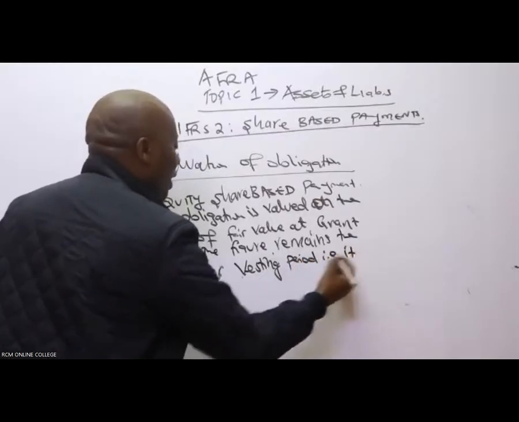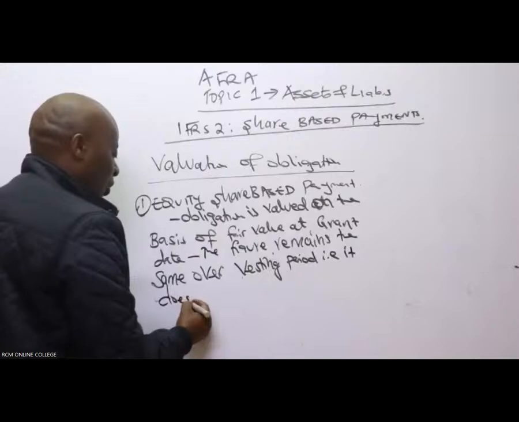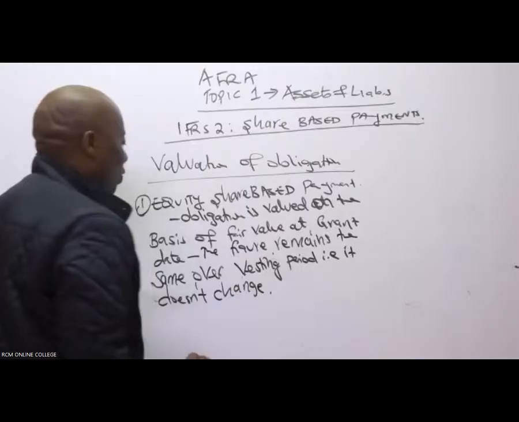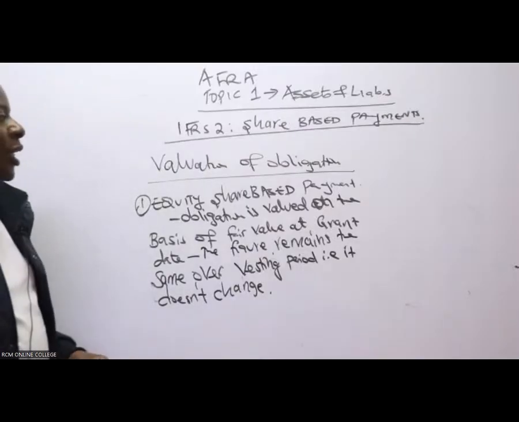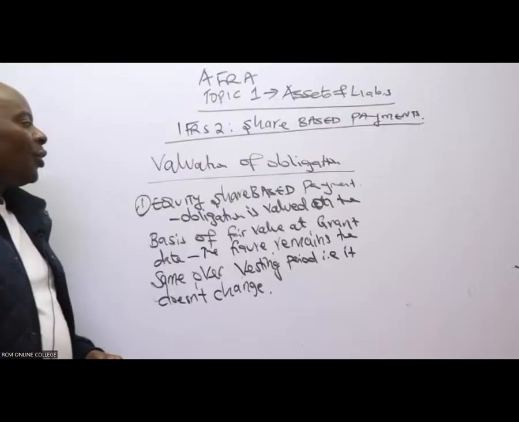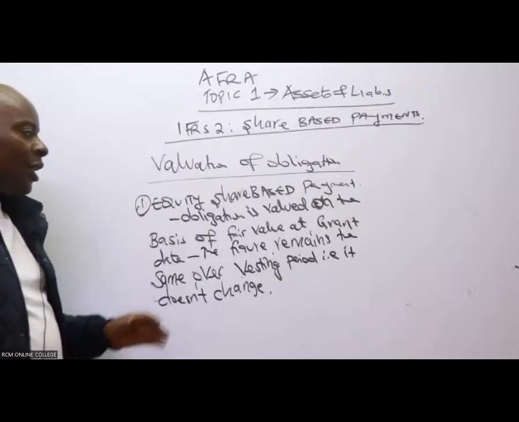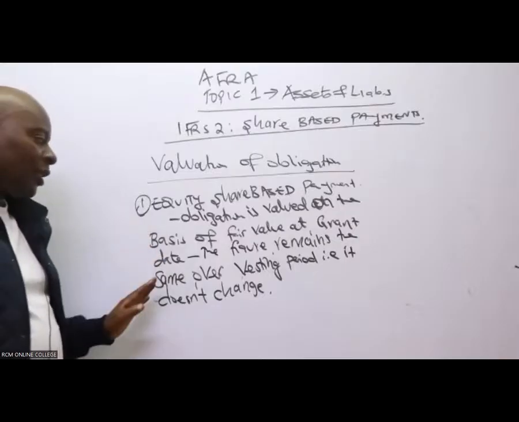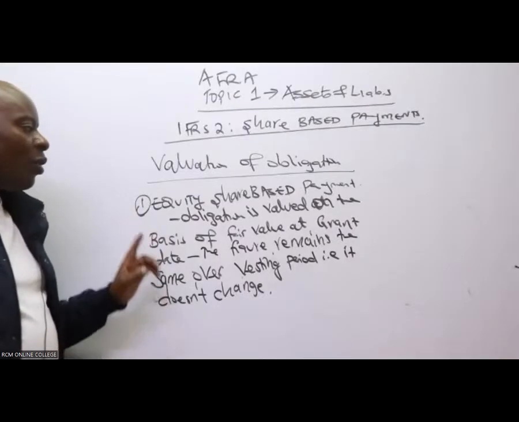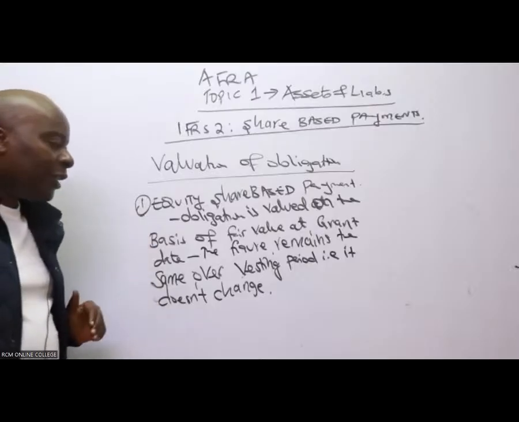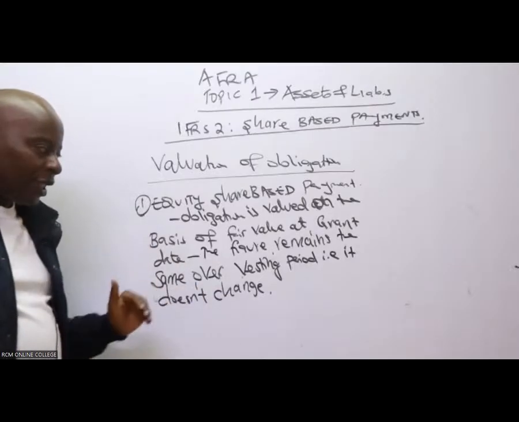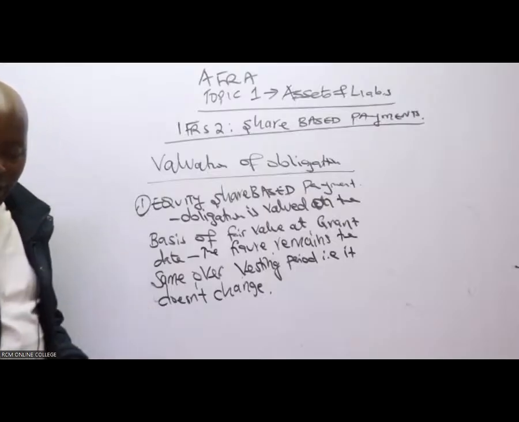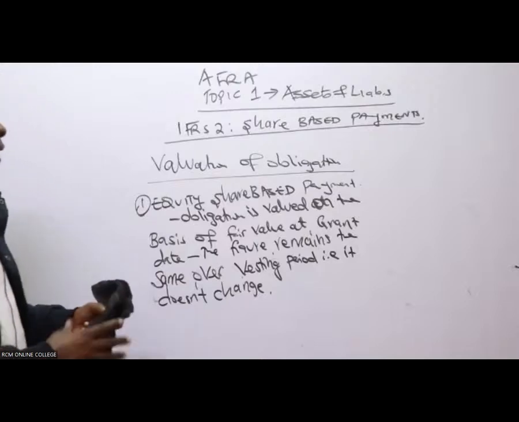So if it's equity settled or an equity share-based payment, then the obligation is valued on the basis of fair value as at the grant date. And this figure will remain the same over the vesting period. It doesn't change. And then now we have got a cash settled.